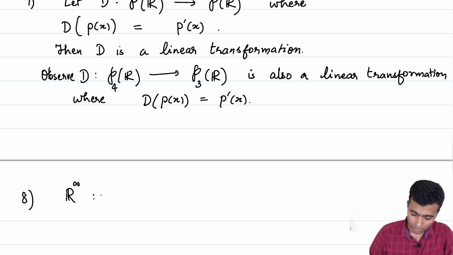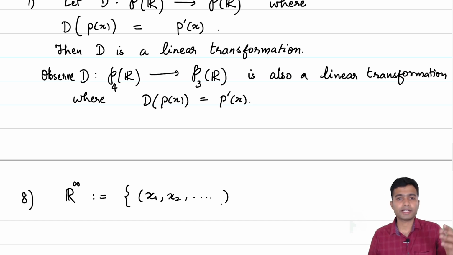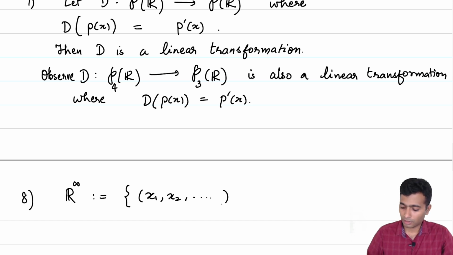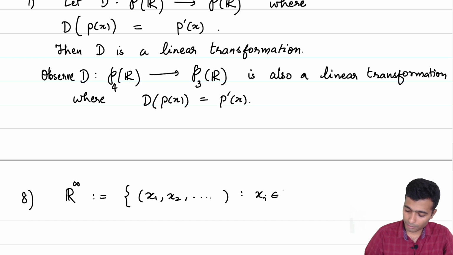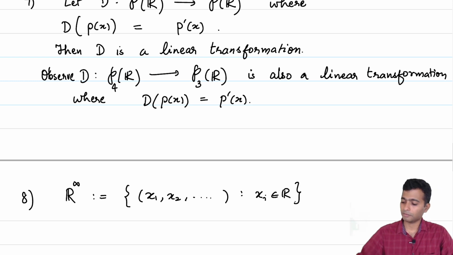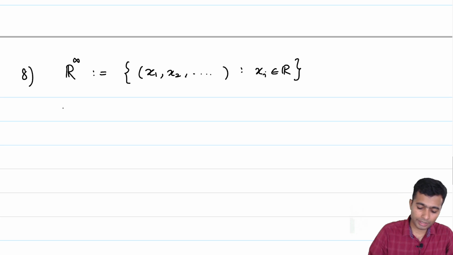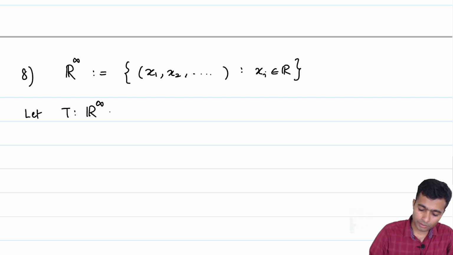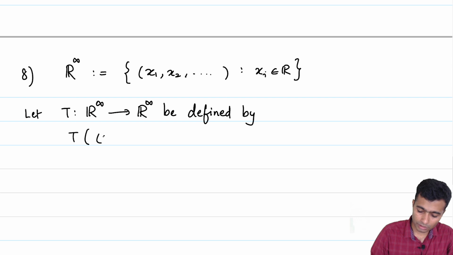Let me recall that this is the vector space of x1, x2, dot dot dot, the infinite sequences where the xi's are all elements in R, and T from R infinity to itself be defined by T of x1, x2, dot dot dot.